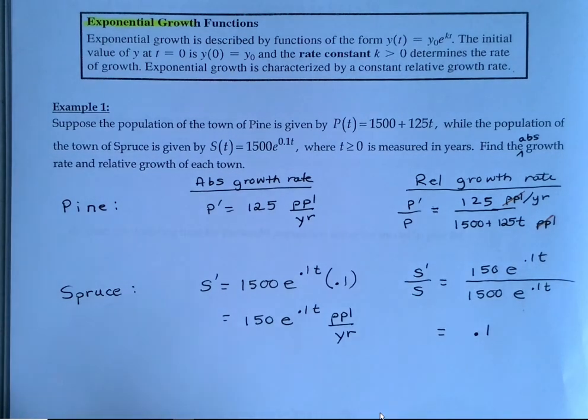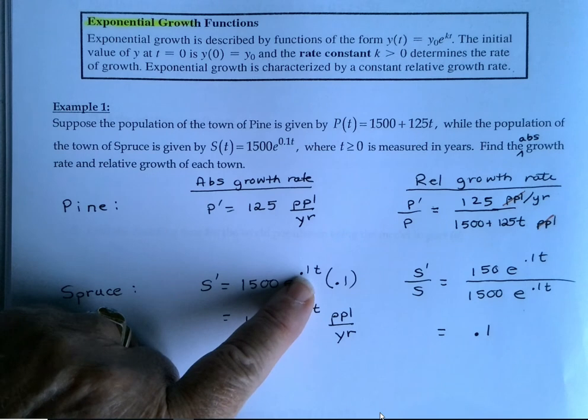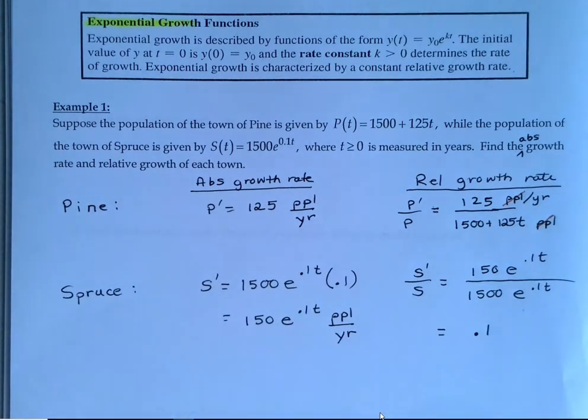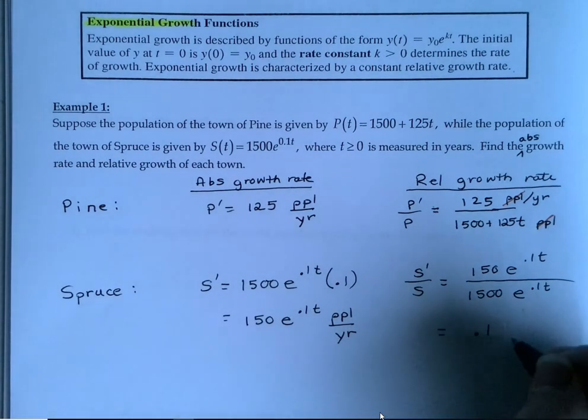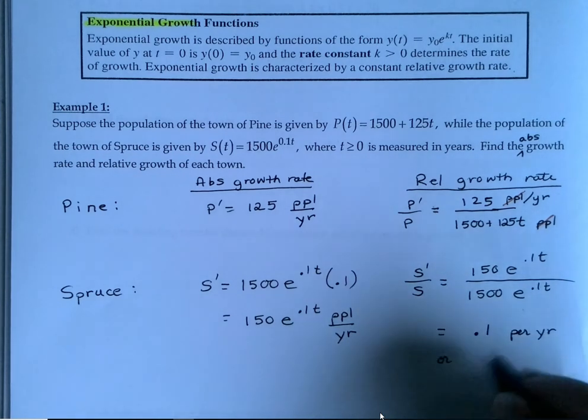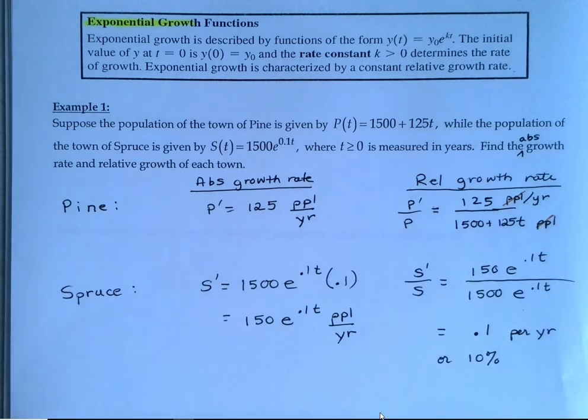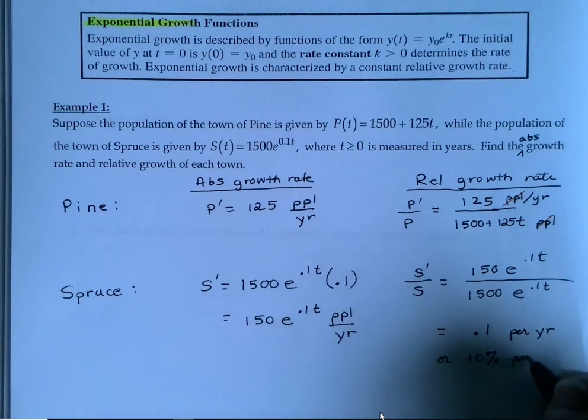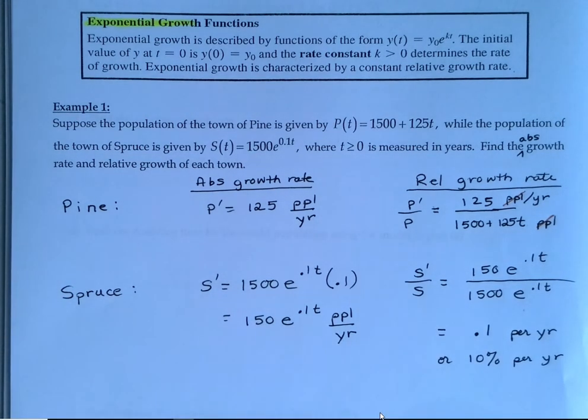And again, not surprisingly, that growth constant, 0.1, is actually our relative growth rate. And I'd say 0.1 per year. It sounds a little funny, so oftentimes when it's constant, we change it to a percentage and call it 10% per year. And that's fine as well.